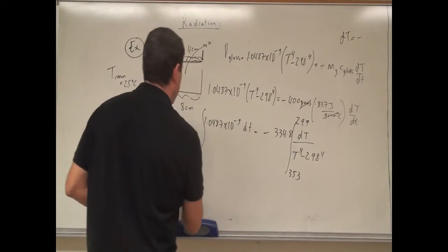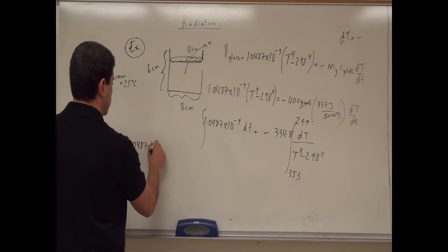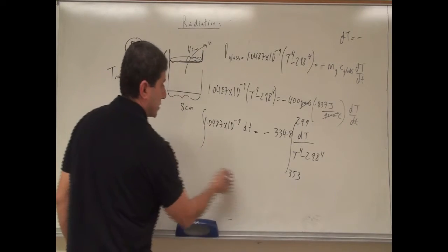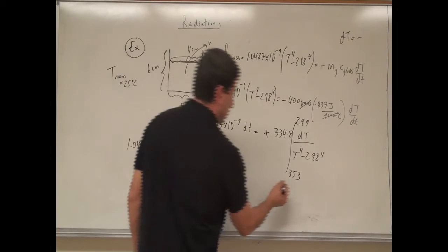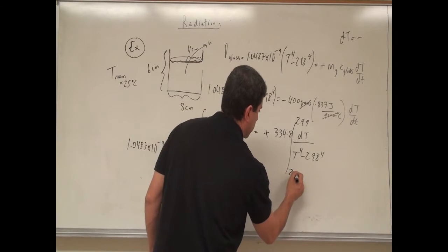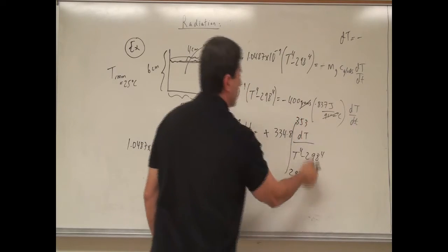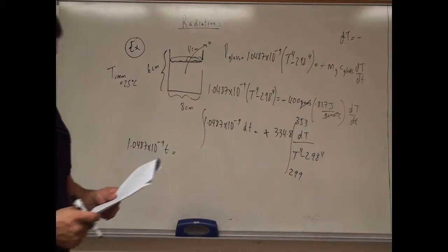And now this one, when you integrate it, just gives you 1.0487 times 10 to the negative 9 T. And this one we can just change the limits of the integral, to make the right side positive, and change this to 299, and then we integrate this to 353. Okay, when you integrate that, let's see what you get.